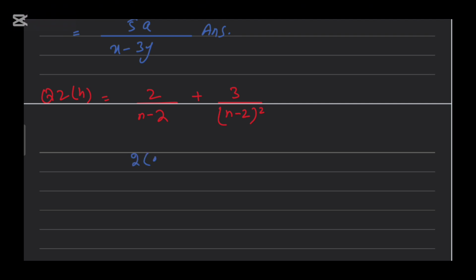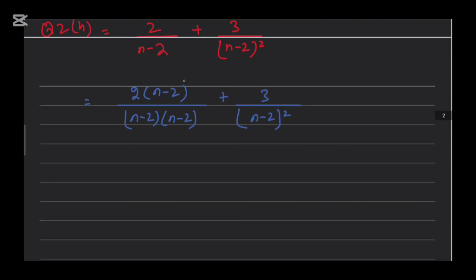So 2 times n minus 2, and in the denominator you will multiply with n minus 2 to make the denominators the same. So n minus 2 whole square. Here you multiply with n minus 2 and divide by n minus 2 as well. So now you have to simplify them.